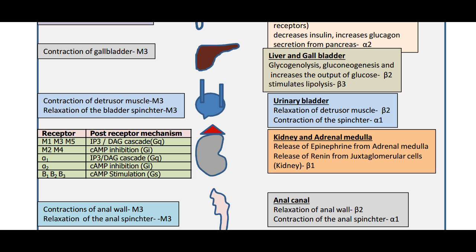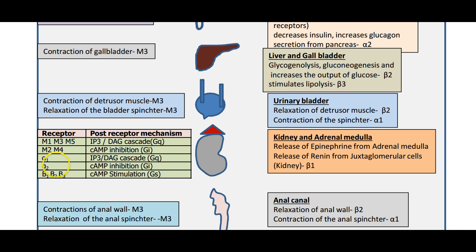Now, as far as the sympathetic nervous system is concerned, all the receptors are divided into alpha and beta. In alpha, you have alpha 1 and alpha 2, whereas in beta, you have beta 1, beta 2, and beta 3. Now, alpha 1 is basically Gq subtype of G-coupled protein receptors. And Gq again means IP3-DAG cascade and influx of calcium.